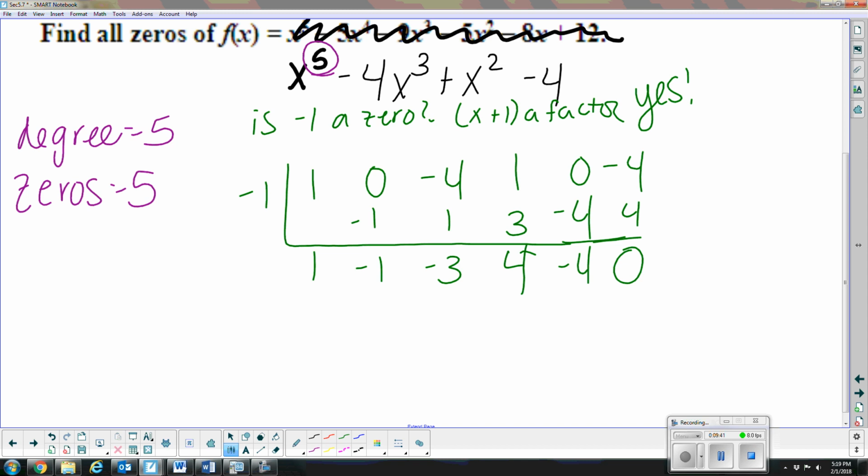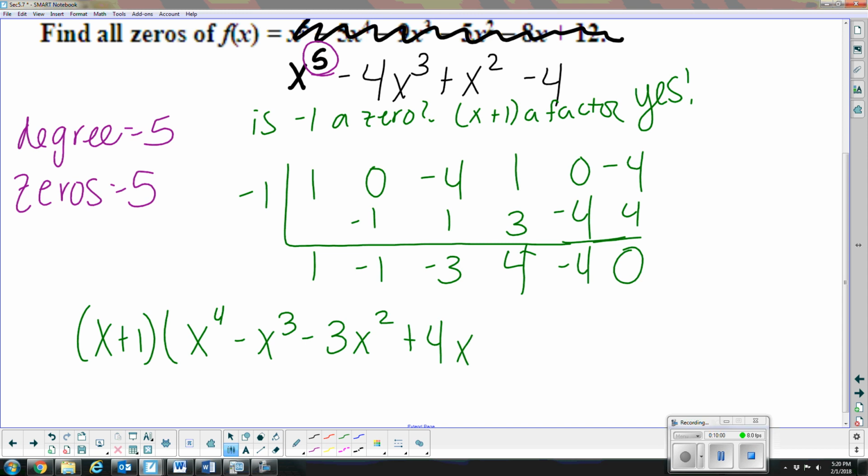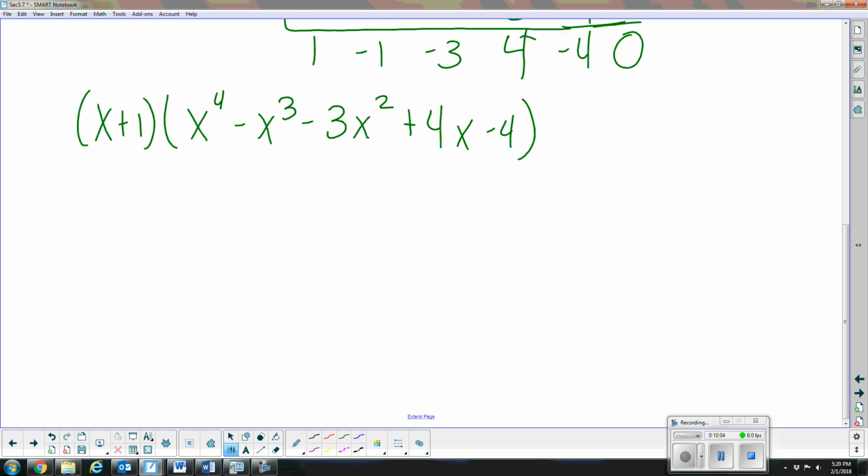So I'm just going to rewrite what I have so far. X plus 1 times x to the 4th minus x cubed minus 3x squared plus 4x minus 4. All right, so here's my new function.